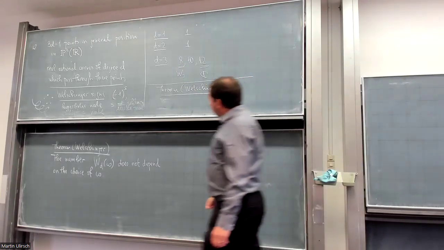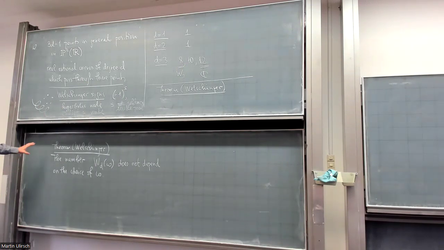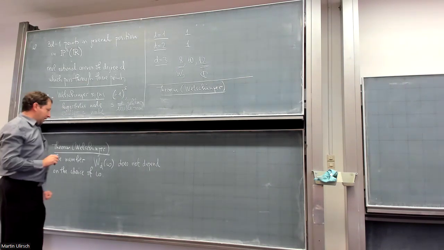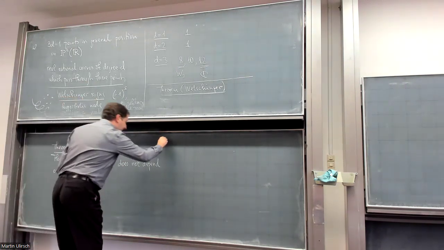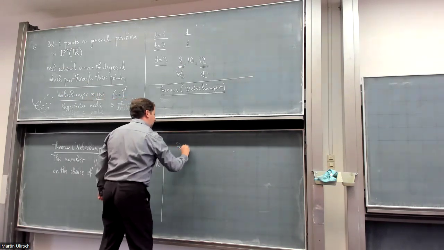Well, before I switch to other enumerative problems, other examples of Welschinger type invariants, let me make two remarks.